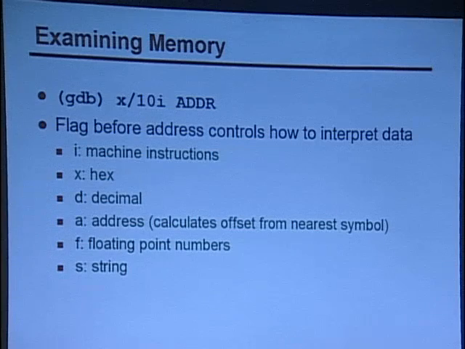And how you do this is you type x for examine memory and slash, and then the number following is the number of words you want to look at. And then the letter corresponds to one of these letters and tells GDB how to format the output. And then the address will be the starting block of where you want to start examining memory. All right, any questions about this?